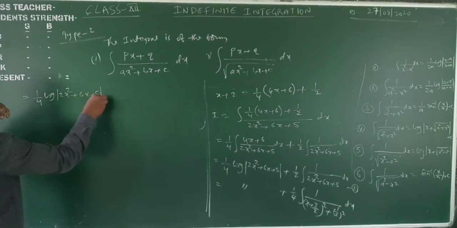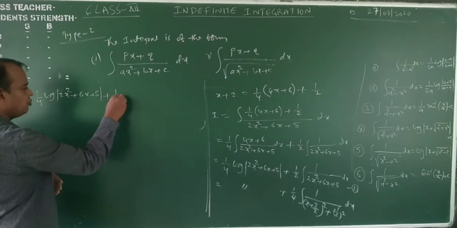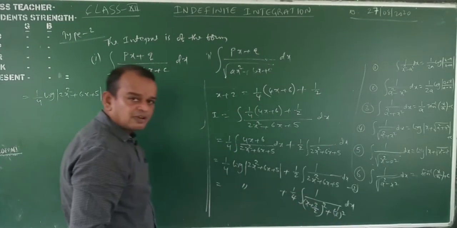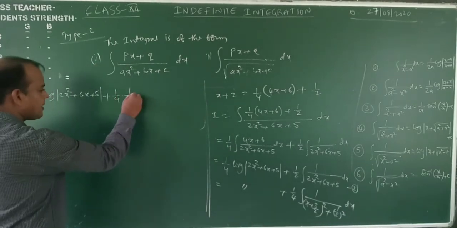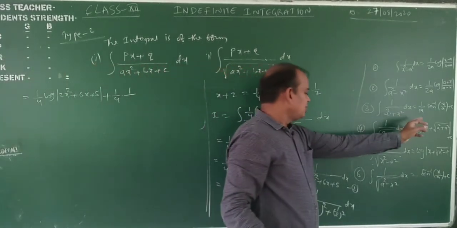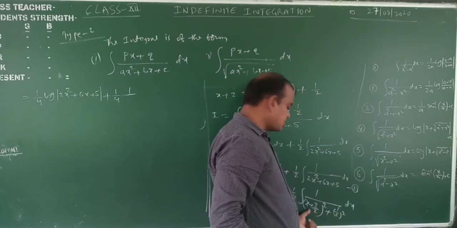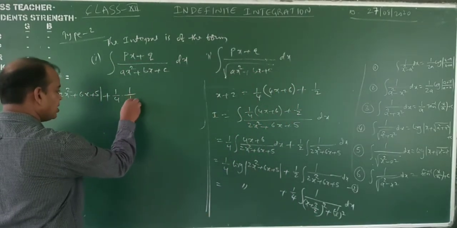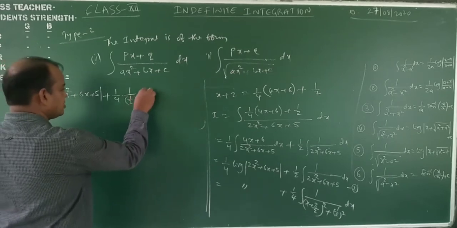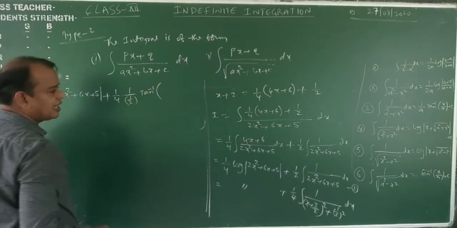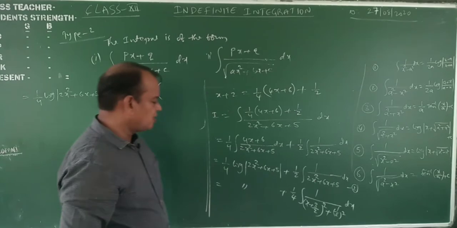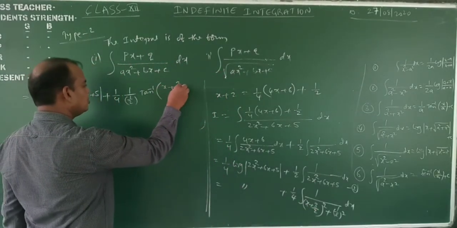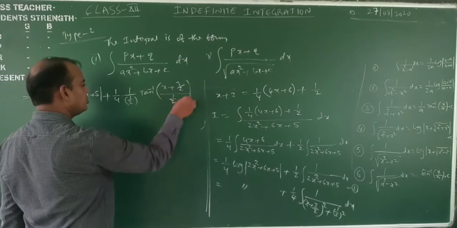Plus 1 by 4 into, here a value is 1 by 2 and x value is x plus 3 by 2. So 1 by a means 1 by 1 by 2, tan inverse of x by a, that is (x plus 3 by 2) by 1 by 2, plus c.